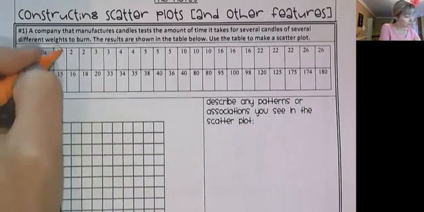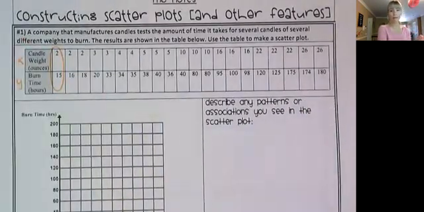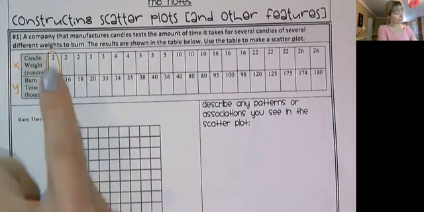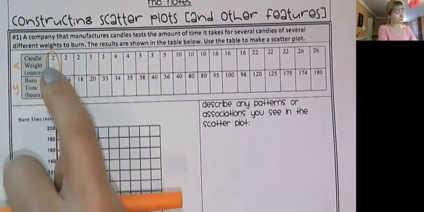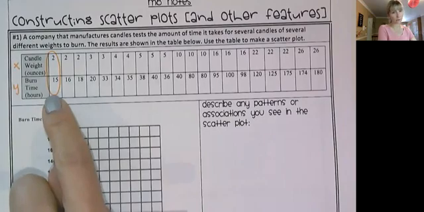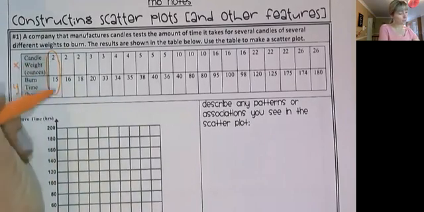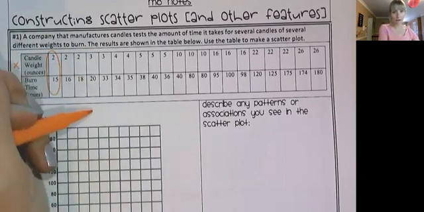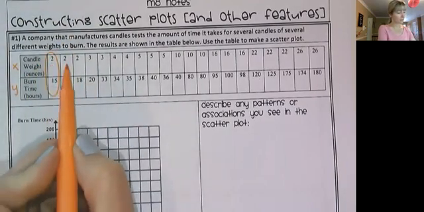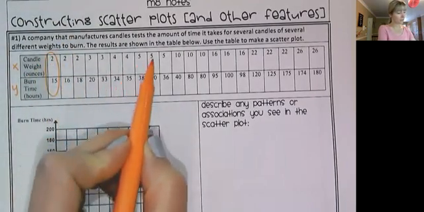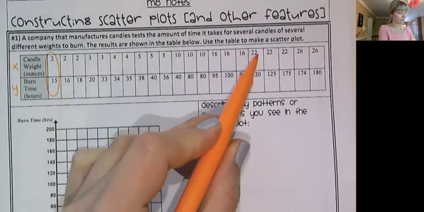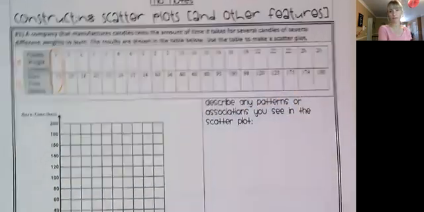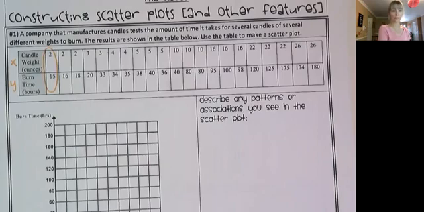And each of these together is one candle's information. So right here, this is one candle that weighed 2 ounces and burned for 15 hours. So these are ordered pairs that go together. And I can count 1, 2, 3, 4, 5, 6, 7, 8, 9, 10, 11, 12, 13, 14, 15, 16, 17, 18, 19, 20, 21 candles were measured here in this data.